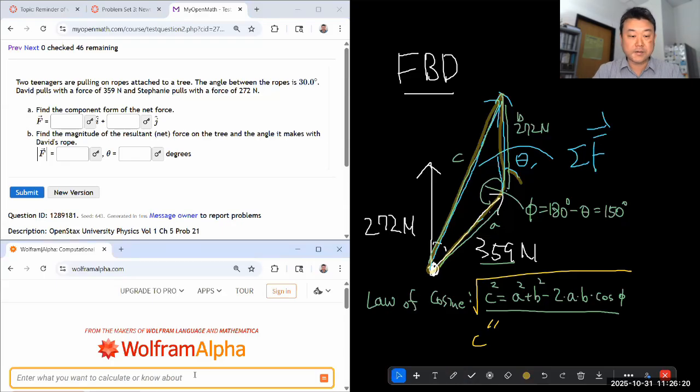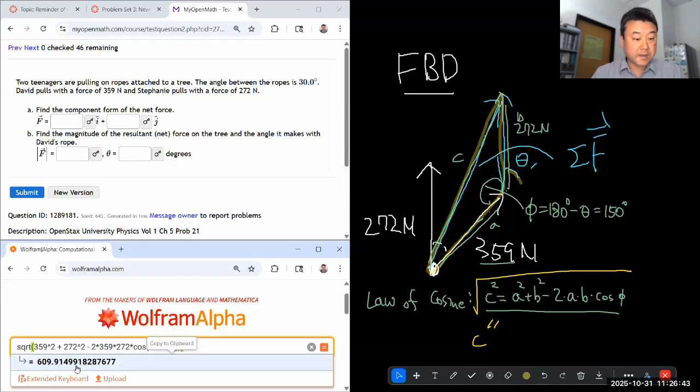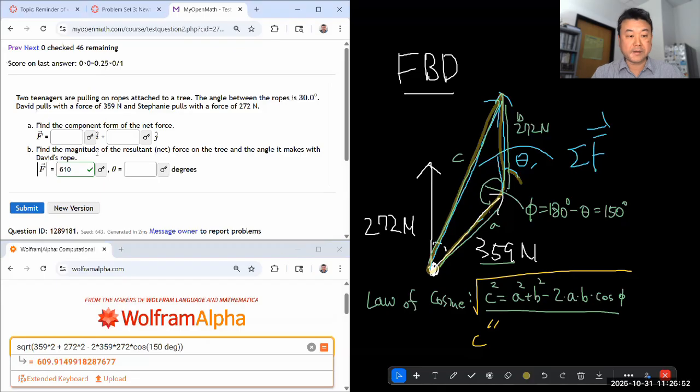A squared, so that's 359 squared plus b squared, 272 squared, minus 2 times a, 359, times b, 272, times the cosine of phi, that's 150 degrees. So that whole thing square rooted gives me 609.9, or 610. So that should be the magnitude right away.